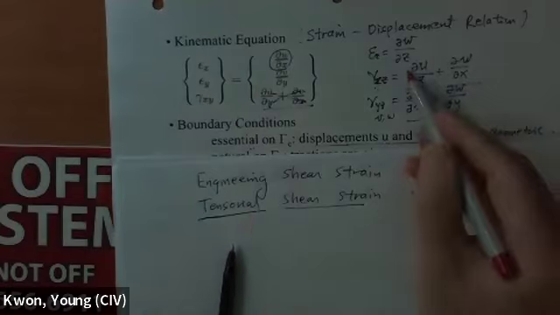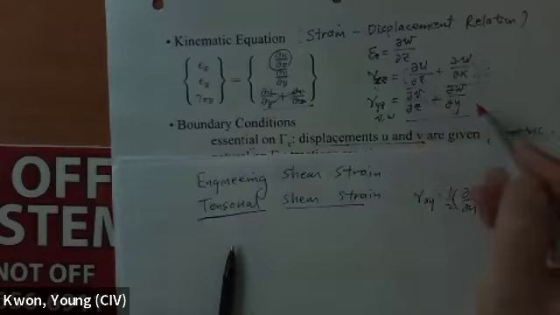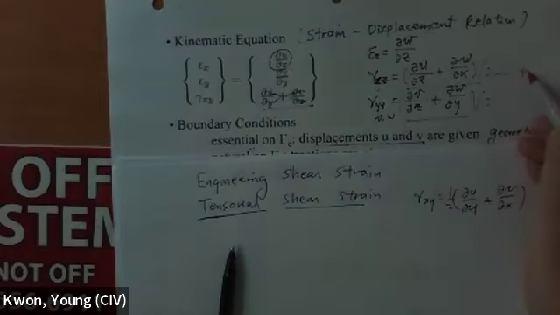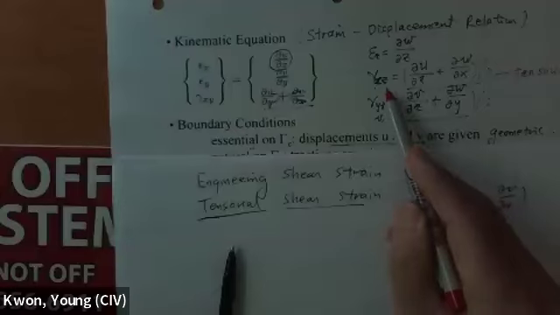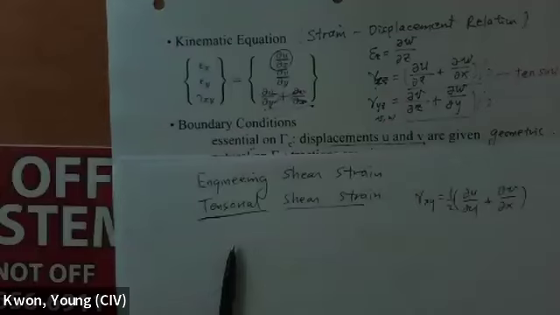Same thing for this one. If you divide this by 2 and this by 2, that means those are tensorial shear strains, xz and yz, like that.